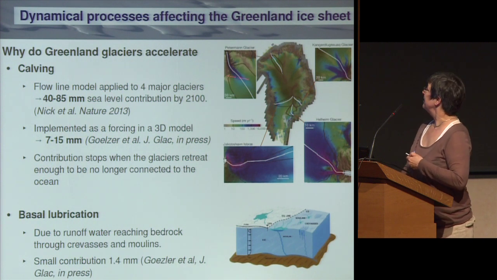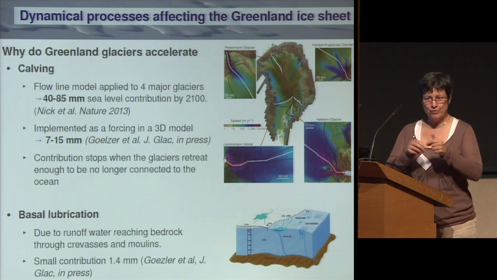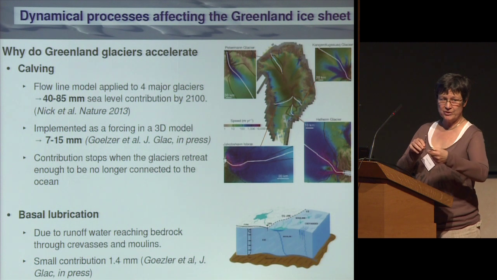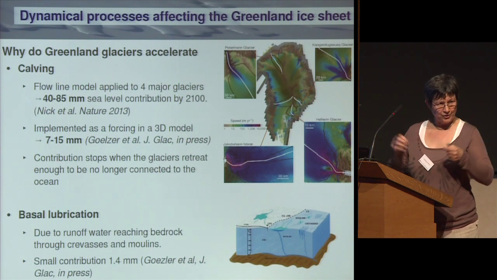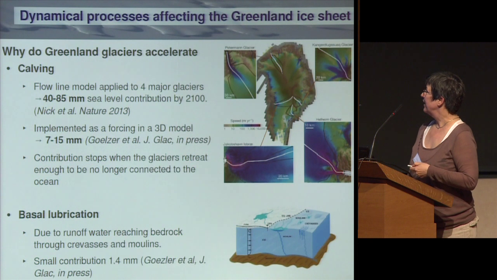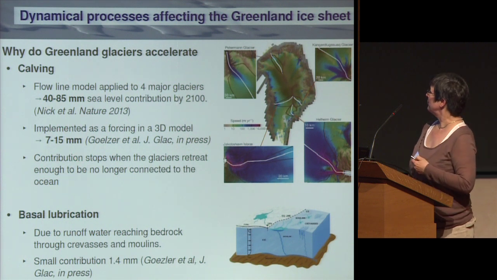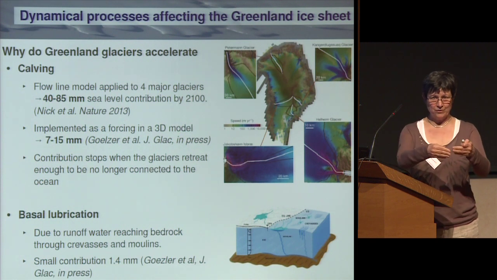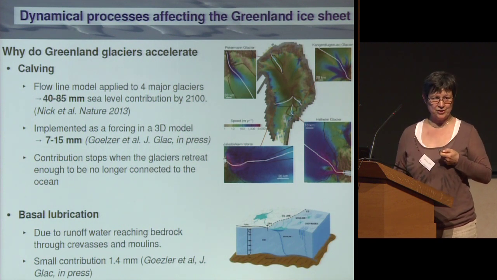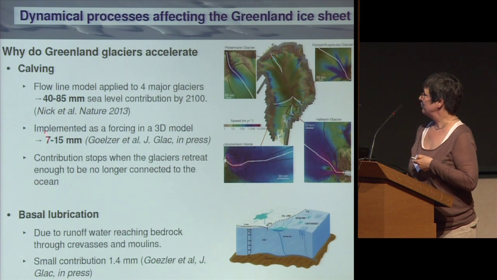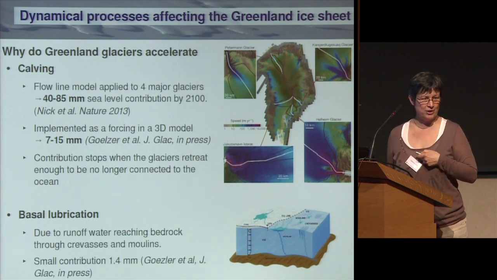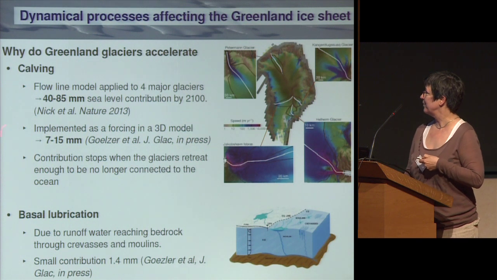And then each flow line had a basin, and the influence of the increased outflow due to calving for each basin was calculated. And the evaluation of the contribution by the end of the century is between 40 and 85 millimeters. Unfortunately, they also tried to use the retreat of the glacier from this study to force the 3D model, and the numbers are much smaller.